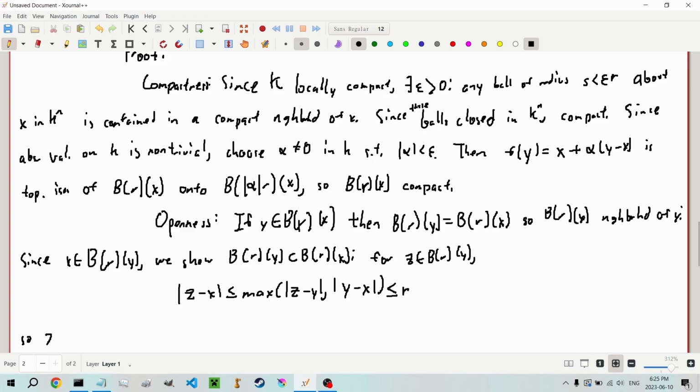So our point, which is arbitrary in the ball around y, is in the ball of radius r around x.